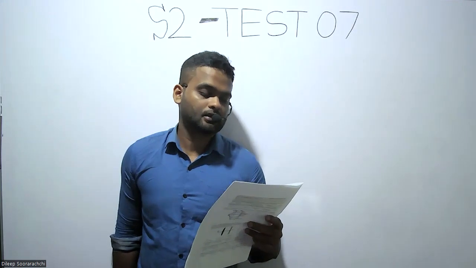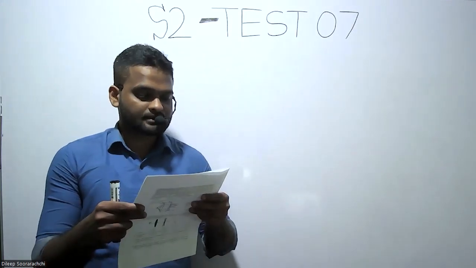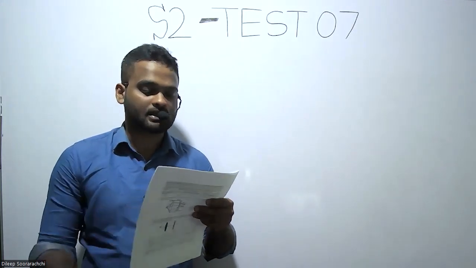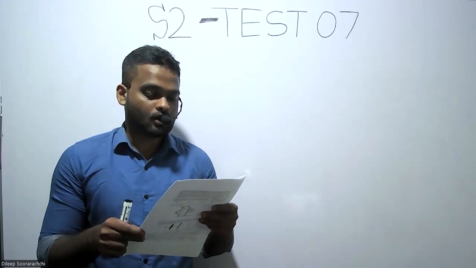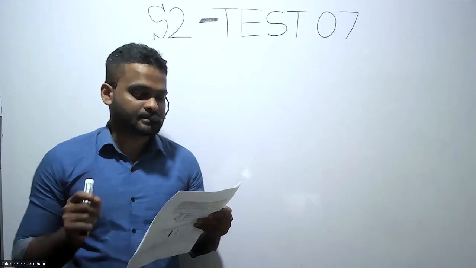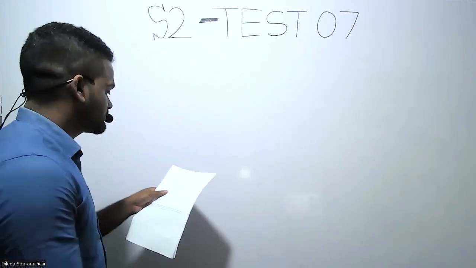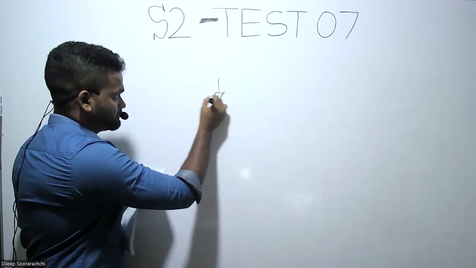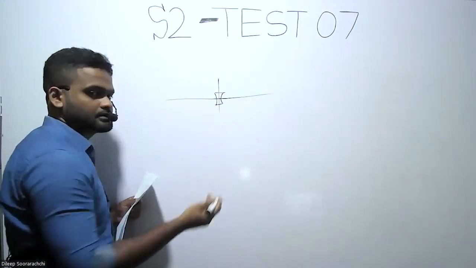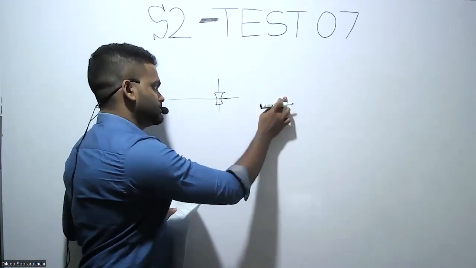12th question. By a convex lens of focal length simple f, image formed is n times the size of the object. Object distance in this case is, okay, we have the concave lens. You don't have to draw the diagram, I'll just draw it for clarification.